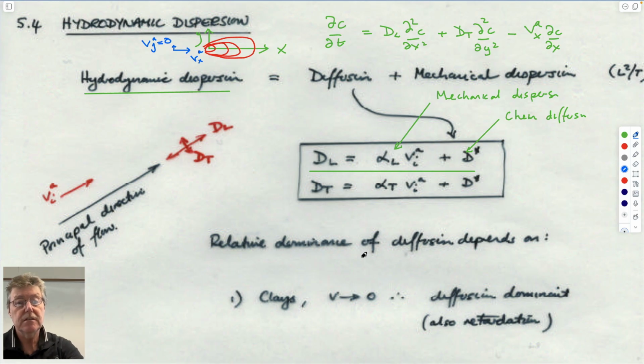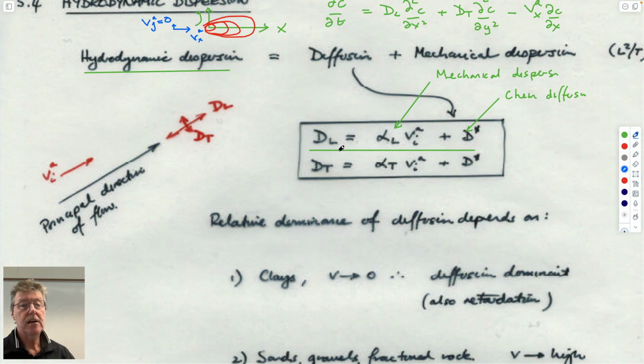And this describes the longitudinal spreading. This coefficient we haven't said anything about, but let's say that we can determine it. This is the advective velocity, and this is the diffusion. The important thing about this is that if the velocity is 0, stagnant water, then this term goes to 0, and the longitudinal dispersion is just equal to the effective diffusion coefficient.